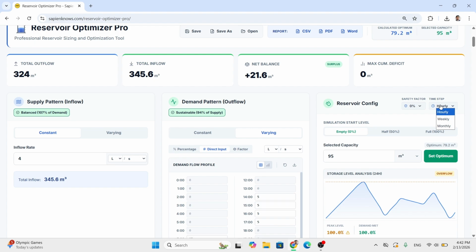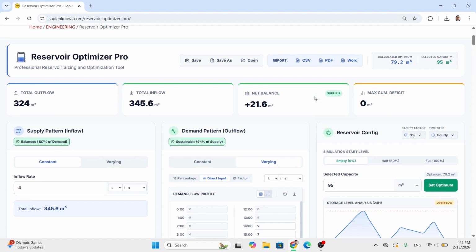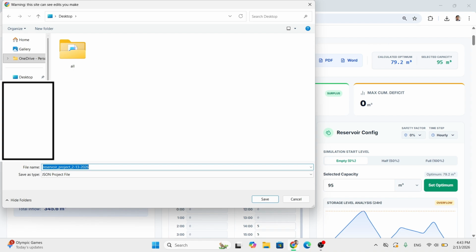You can also use weekly, hourly or monthly for different cases. So you can save the report. For example, this is gravity Nepal 1 scheme water supply.